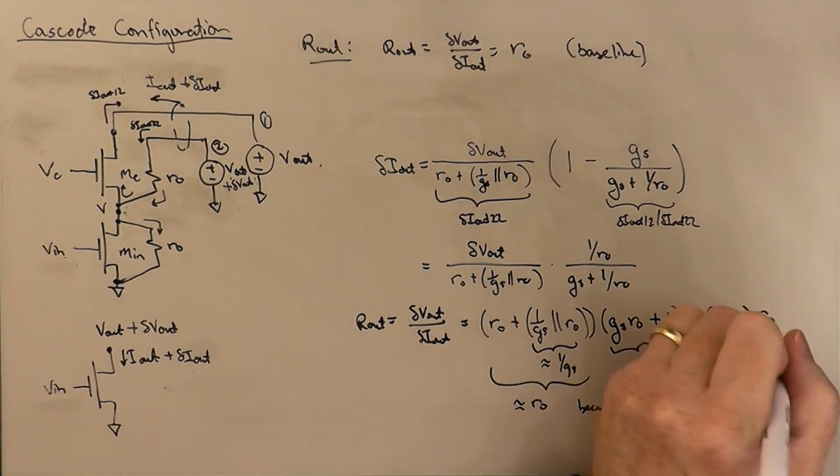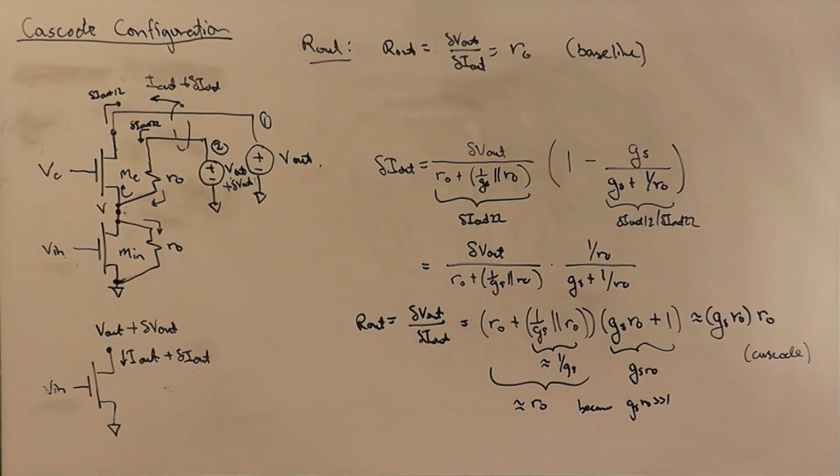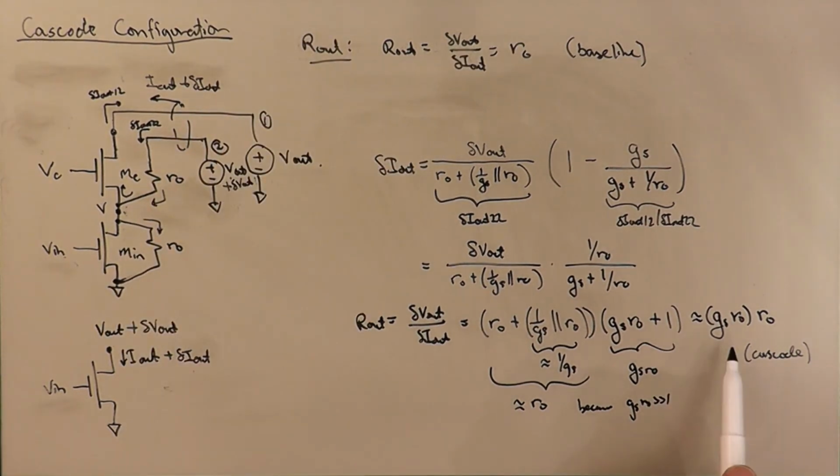So this is the cascode configuration. I didn't combine these ROs here into GS RO squared because we have this RO up here. And so we find here that the incremental output resistance of the cascode structure is basically a factor of GS RO, the intrinsic gain of the cascode transistor, higher than the single transistor by itself.